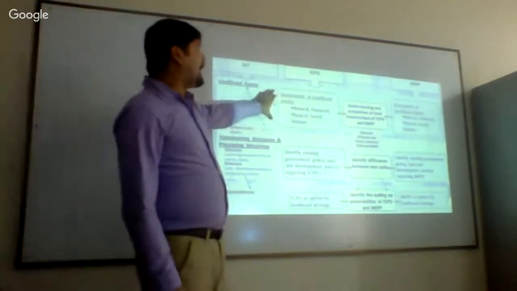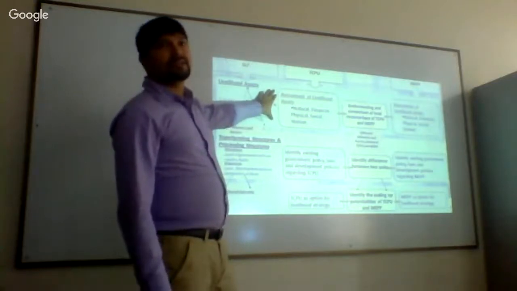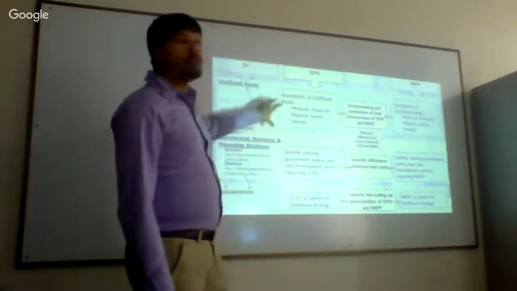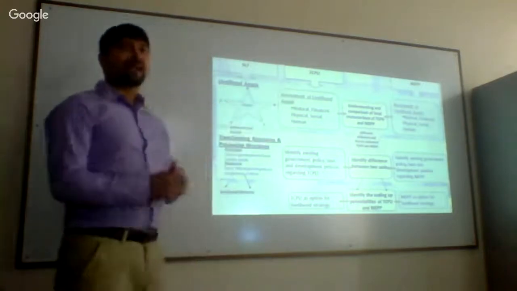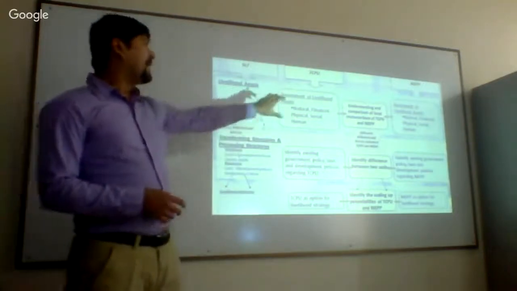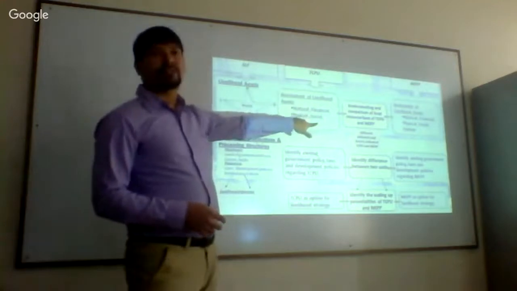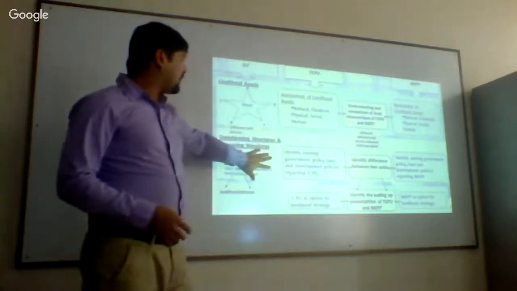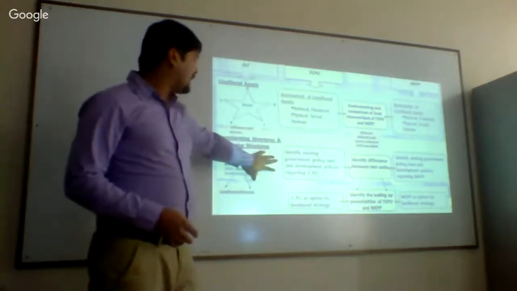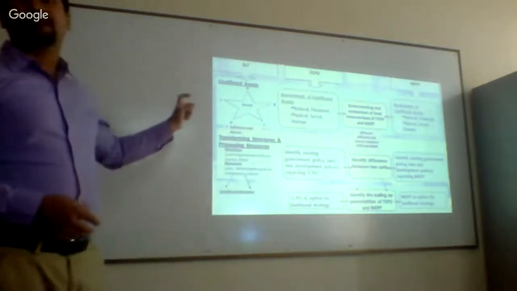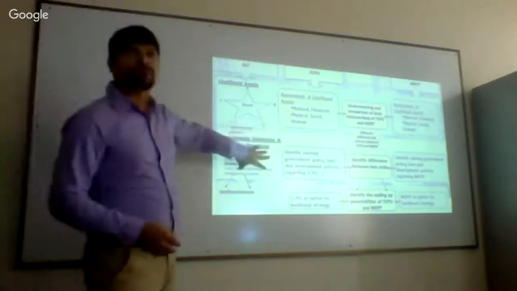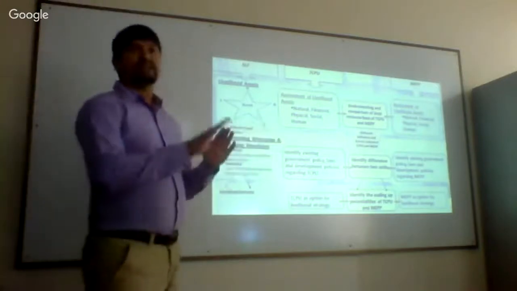I tried to understand their natural base and the livelihood assets they have, and after that I assessed the difference between them. After that, I tried to understand the government policies, laws, and development policies regarding these two groups, and identify the difference.